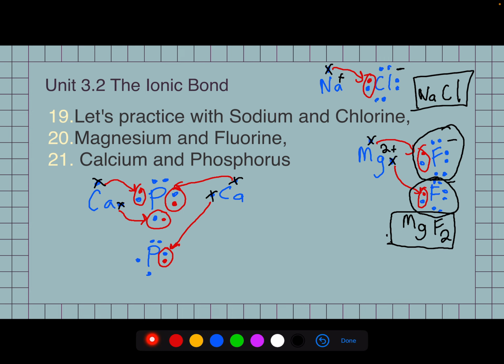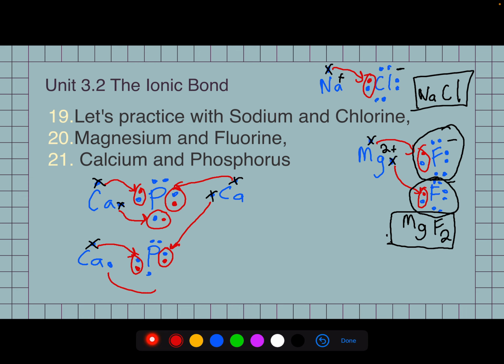Now, we have 2 calciums that are satisfied, 1 phosphorus that is satisfied, but now our second phosphorus isn't. So we're going to have to draw yet again a final calcium. So I got 1 and 2. This calcium is going to give it over to here, make a bond. That's gone.